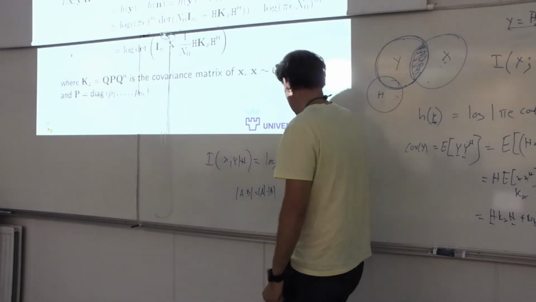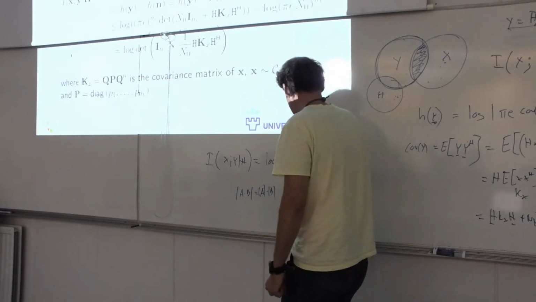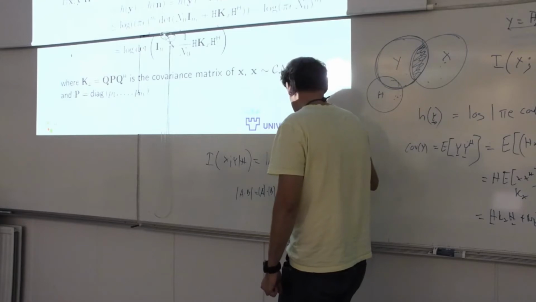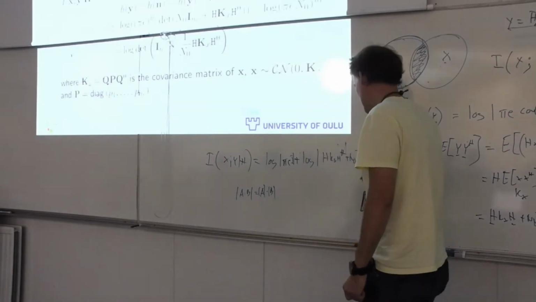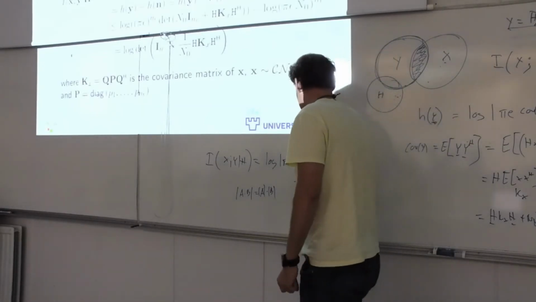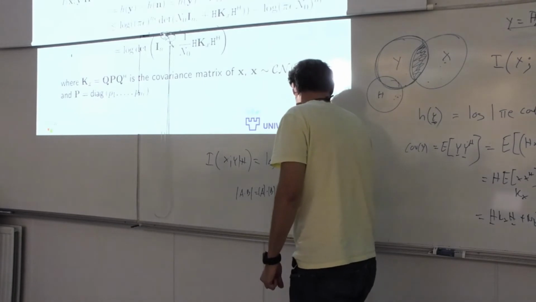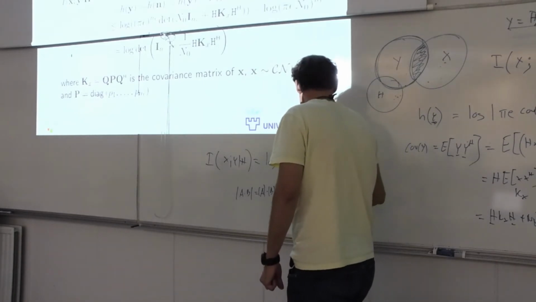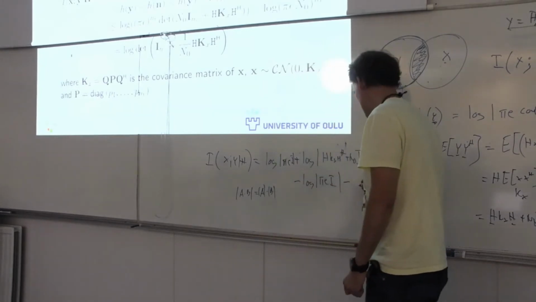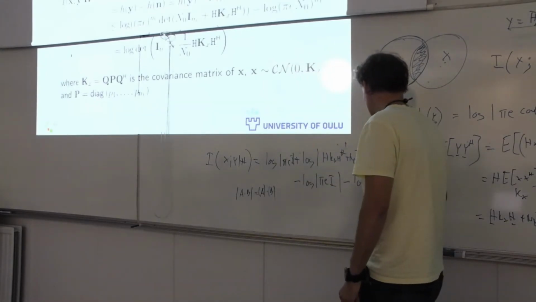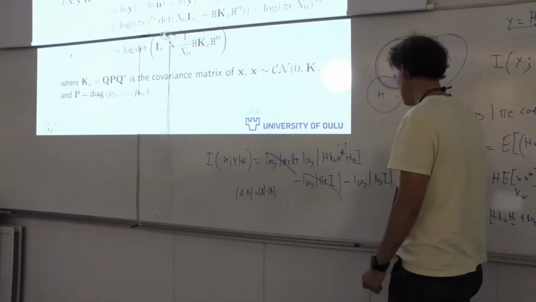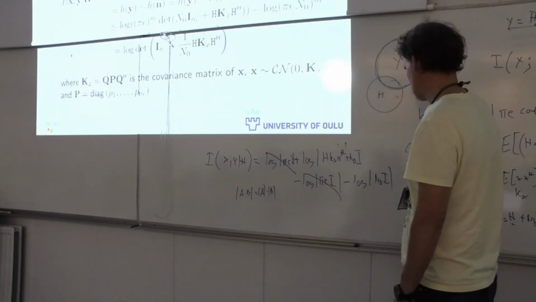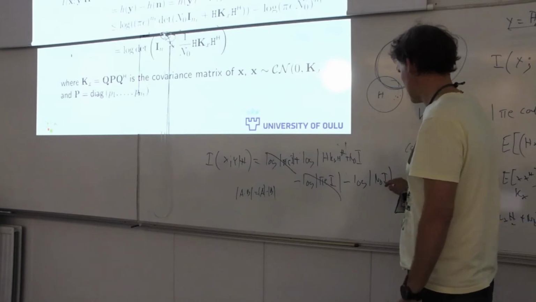So we have log determinant of pi e I plus log determinant of H Kx H Hermitian plus N0 I, minus log determinant of pi e I minus log determinant of N0 I. Good. These two cancel.